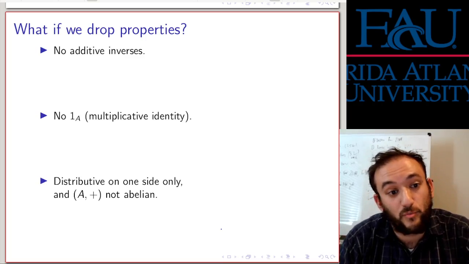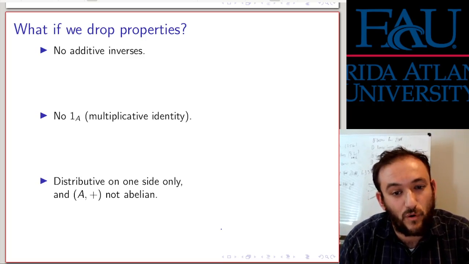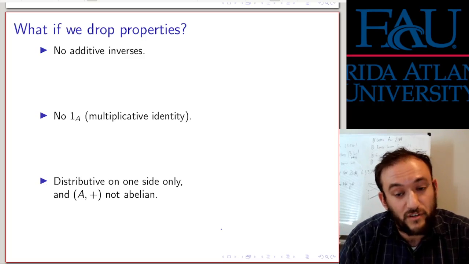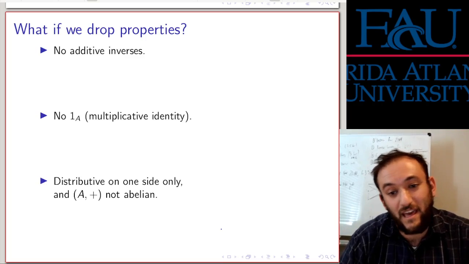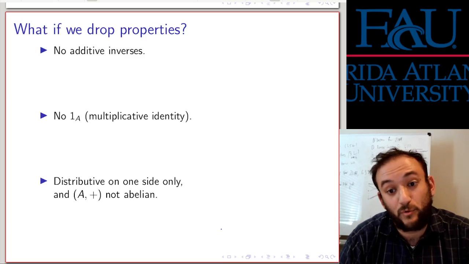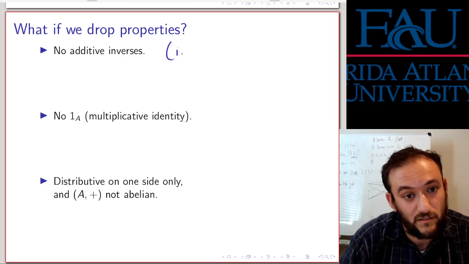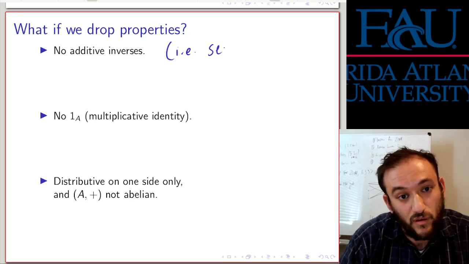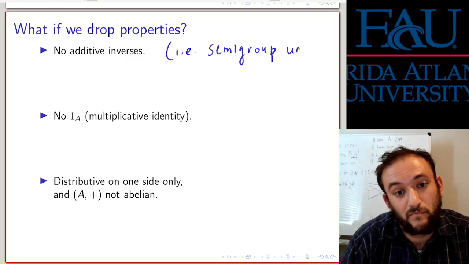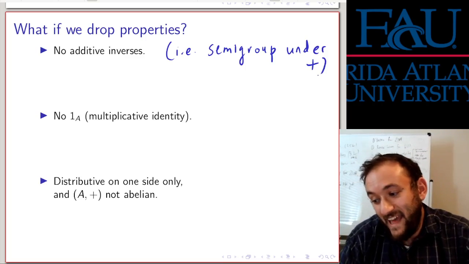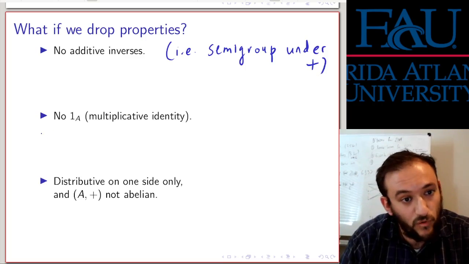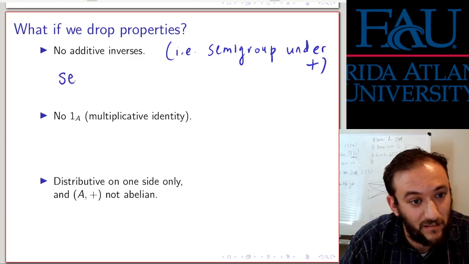What if we drop other properties? So let's say instead of requiring an abelian group under addition, let's say we just needed a semigroup so that we did not require additive inverses. Okay? So we're looking at a semigroup instead of a group under addition. Okay, well in that case, what we get is called a semi-ring.